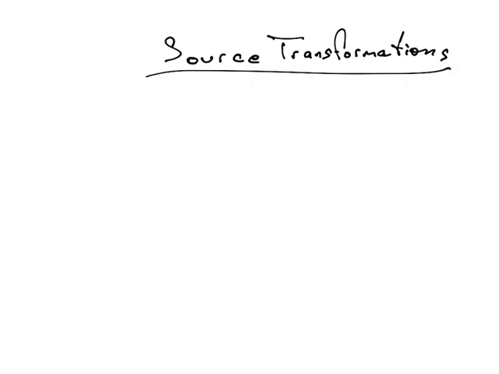All right, so here we have another technique for analyzing circuits, DC circuits, and of course this works for AC as well, but we're doing DC for now. This is called source transformations.